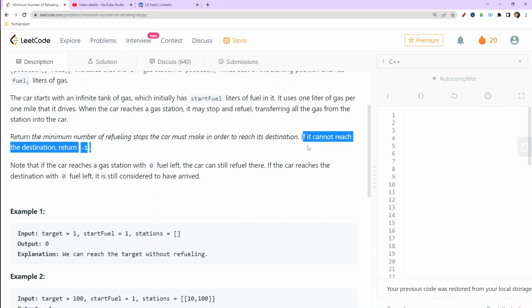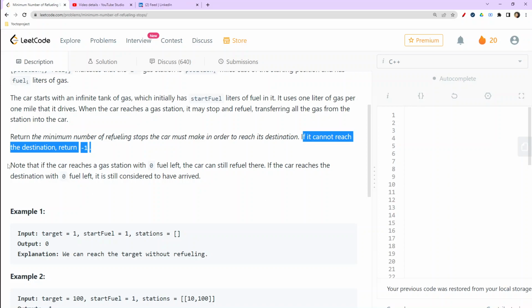In some questions it is directly given that the fuel is sufficient to reach the target, but here they are mentioning that you can return -1. There could be an instance when you are not able to reach the destination, so we are required to keep a check on these test cases also.